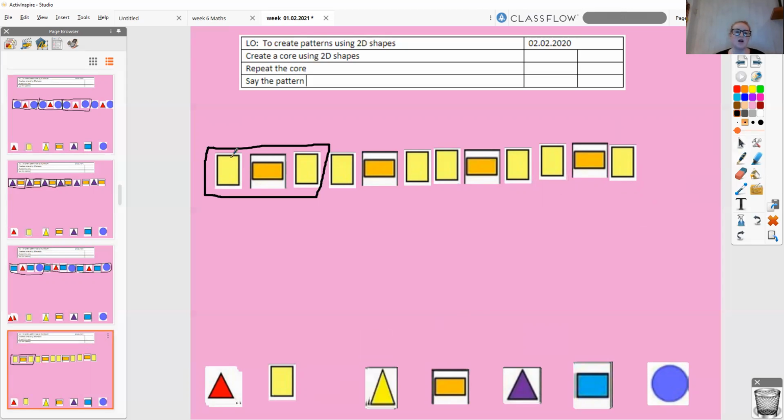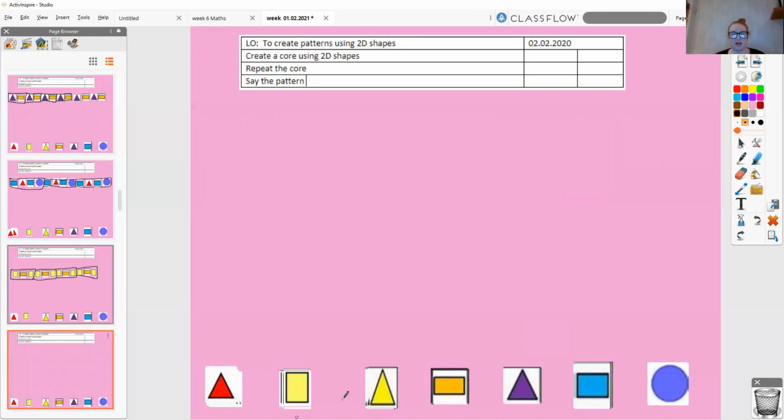My core is yellow rectangle, orange rectangle, yellow rectangle. My next core is yellow rectangle, orange rectangle, yellow rectangle. Brilliant. Then another one, yellow rectangle, orange rectangle, yellow rectangle. Fantastic. Okay, let's try some more.